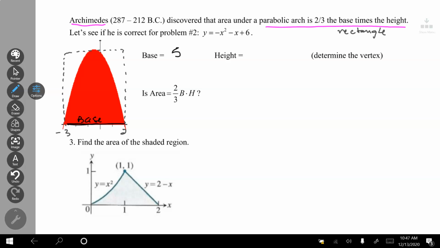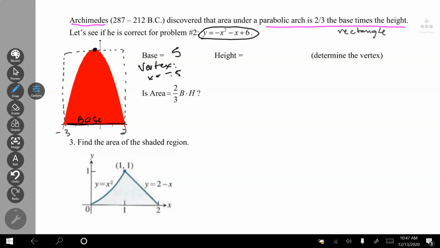Now the height is at the vertex. Well, the x part of the vertex is in the middle of this. My vertex is going to be at -0.5. I plug that into this equation.